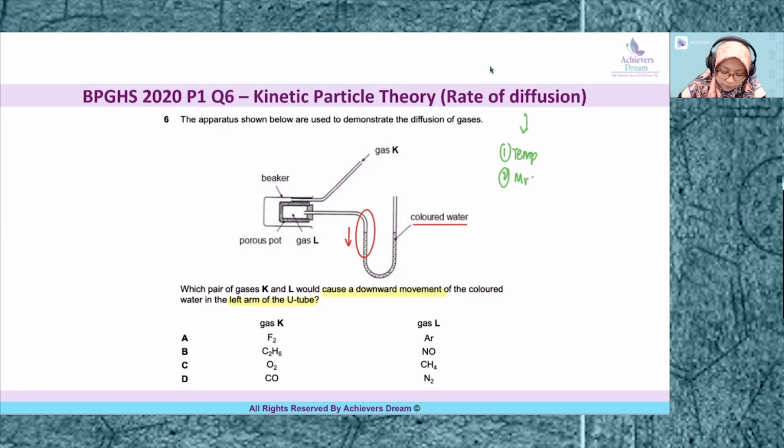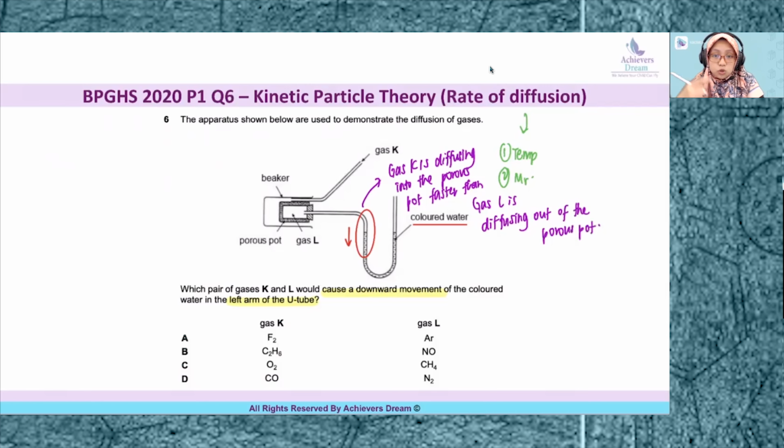This means that gas K is diffusing into the porous pot faster than gas L is diffusing out of the porous pot.